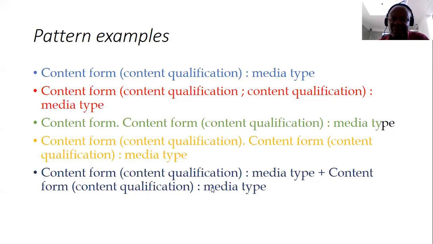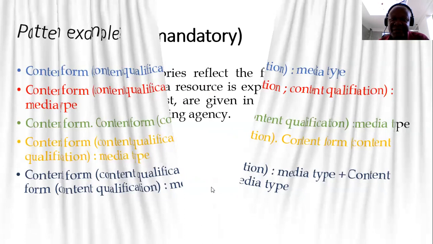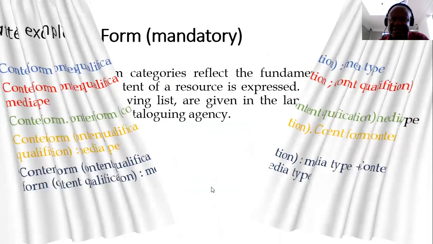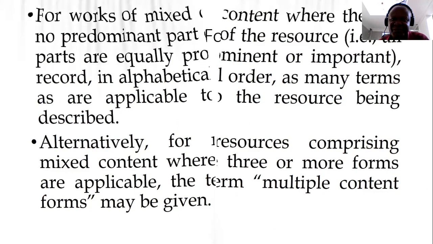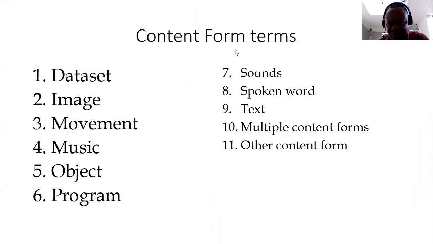I will continue, but I'll skip that slide and move to the other terms we can use. The content form terms that we can use include text, which everybody is familiar with. When we are cataloging books, the content form term we use in area O is text. Why am I displaying this now?